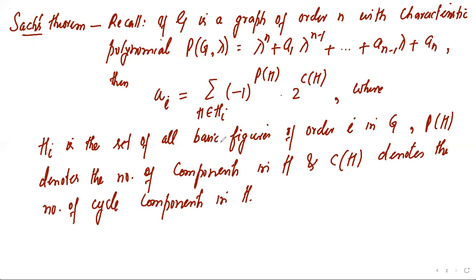These are graphs which are either K2s or cycles, or the union of K2s and cycles. So this was the Sachs theorem that we proved in the previous lecture.